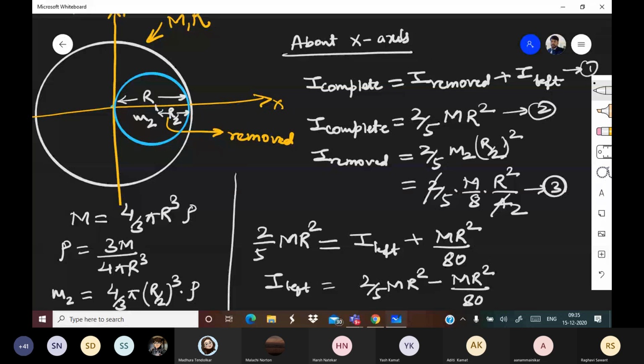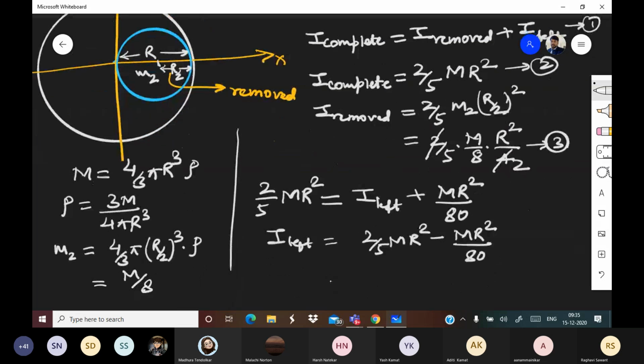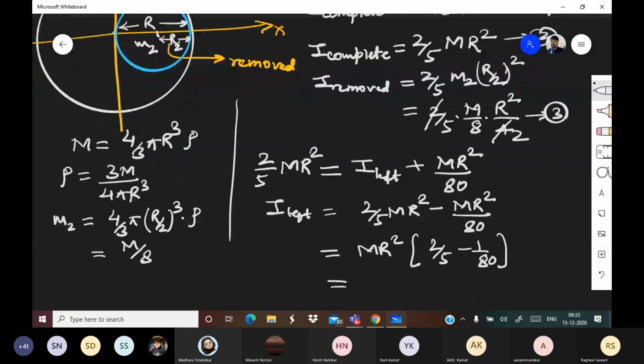All right. So capital M R square is taken as common. 2 by 5 minus 1 by 80. If you take LCM, this will be 80. So this will be 32 minus 1, and this is M R square.